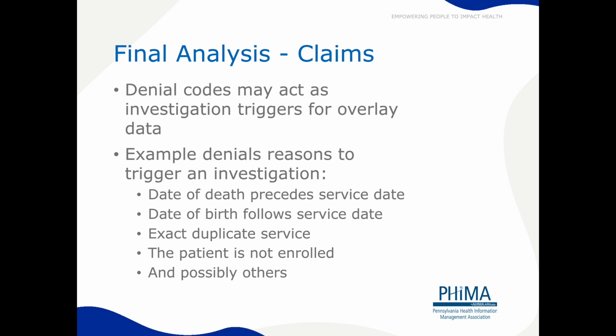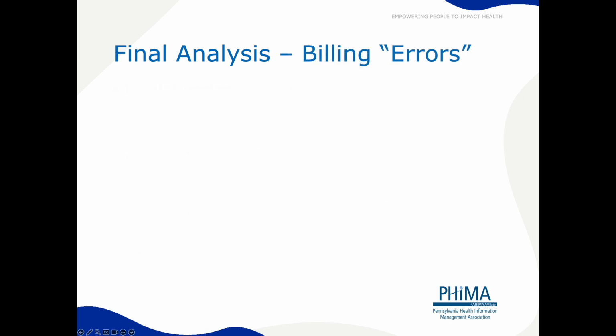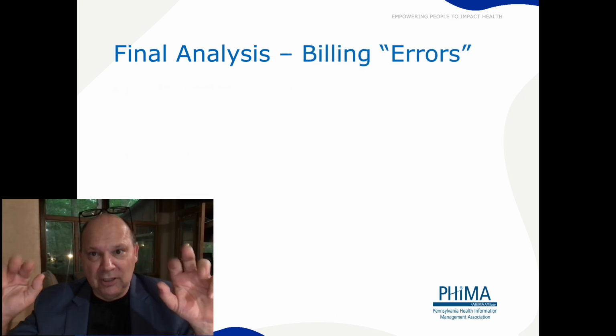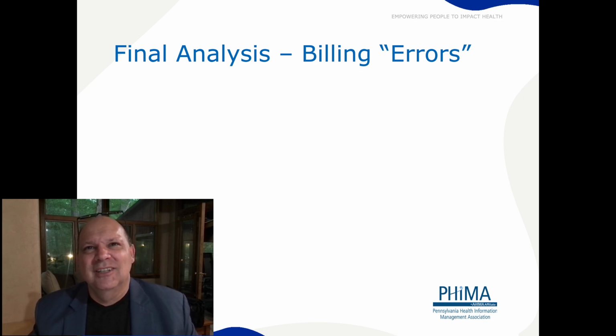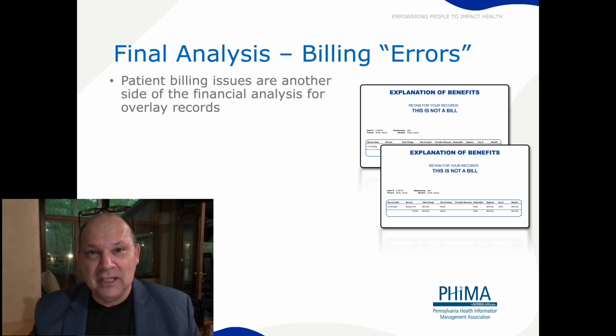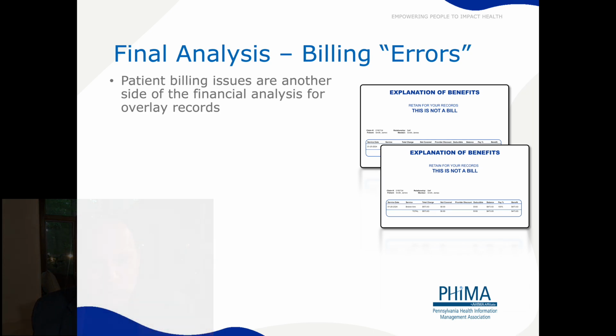Patient not enrolled might mean that we submitted the wrong patient to the wrong insurance, indicating an overlay potentially, and so forth. And finally, I want to discuss billing errors, meaning sometimes patients will call the hospitals or providers directly and say, hey, I got an EOB or I got an invoice for a bill, but I never saw you for a broken arm.